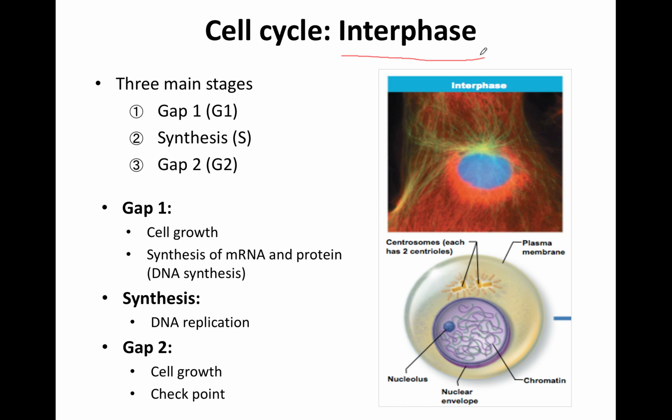So simply put, during interphase, you grow the cell, you make all of the extra components that you need, you duplicate the genetic information, you make sure the genetic information is okay, and you continue to grow the cell. As you notice, the genetic information during this stage is still represented as chromatin, and the nuclear envelope surrounding the nucleus is still present.